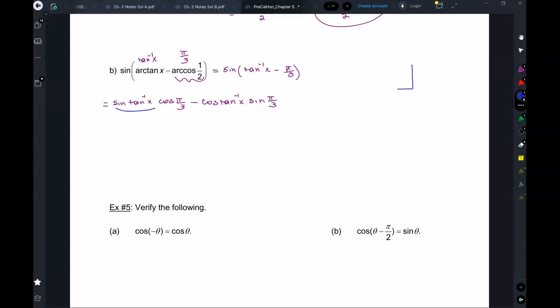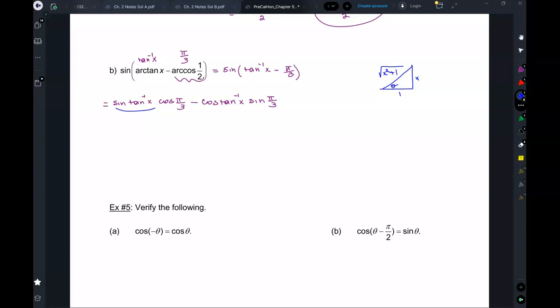Why don't we draw that triangle? This is theta. Okay, so the tangent of this is x over 1. Opposite over adjacent is x over 1. We're missing a hypotenuse. Because that's the larger side, it's going to be the square root of what? X squared plus 1, or 1 plus x squared.